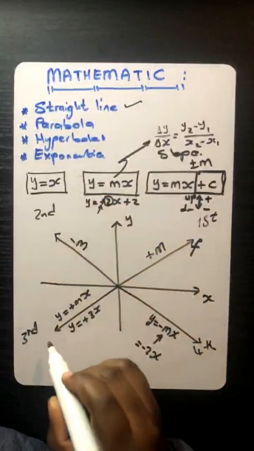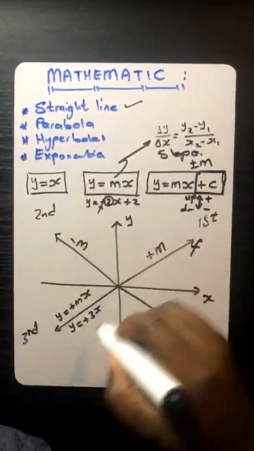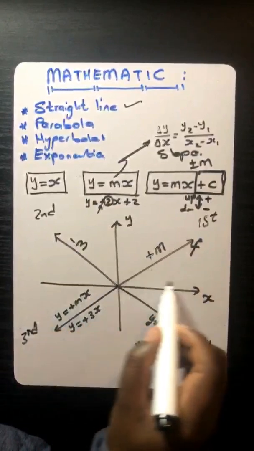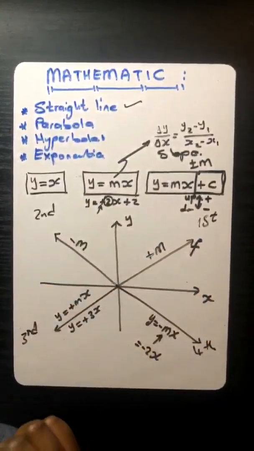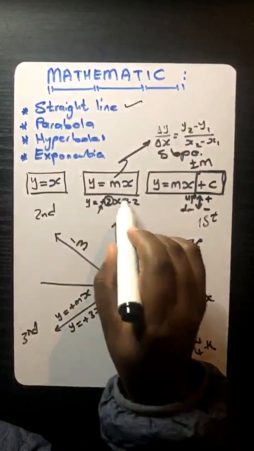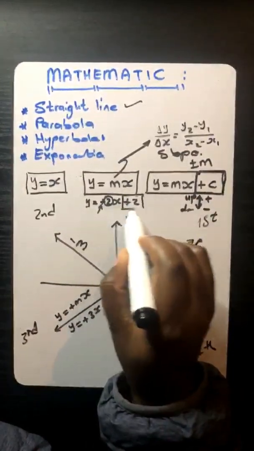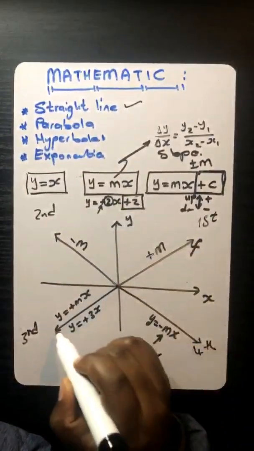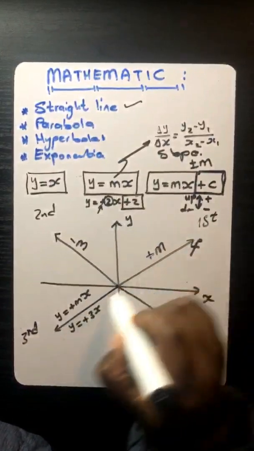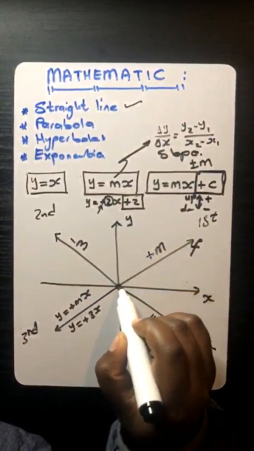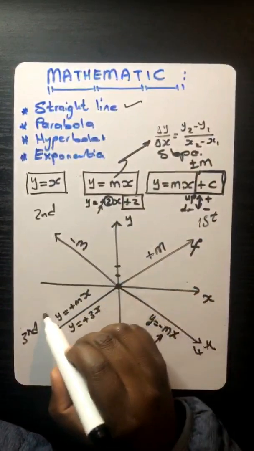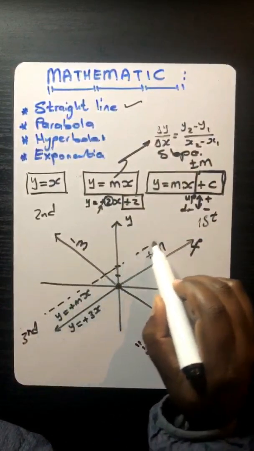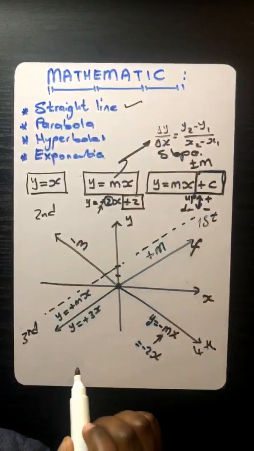That is why we have positive, positive, until it is now negative, negative, whatever. So now when we have positive 2 over there, it means that same graph which was initially passing through the origin is now being shifted by 2 units. Therefore, at the same slope, it is now passing through that.